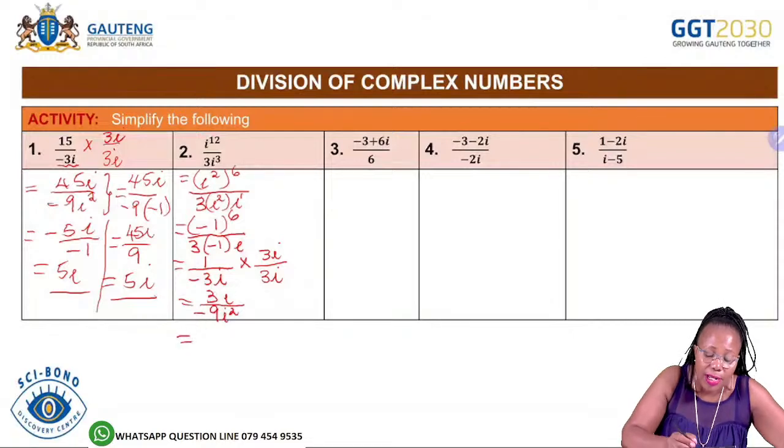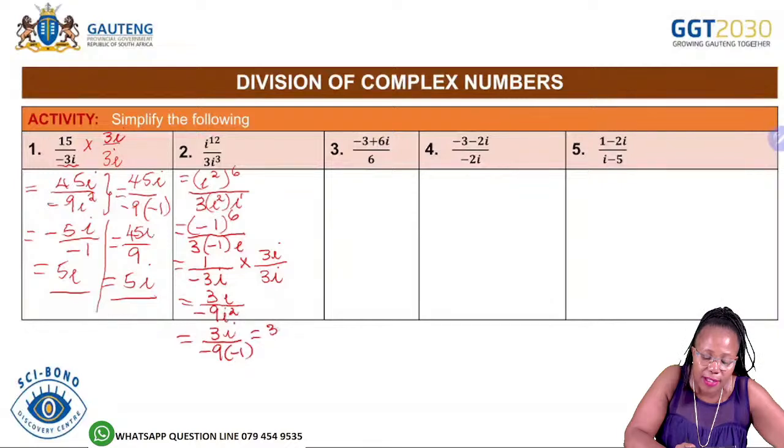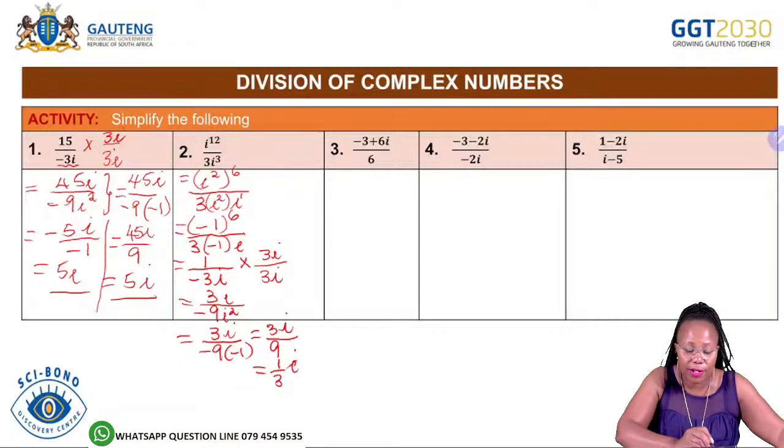Continue, that is 3i over minus 9 times negative 1 for i squared, that is a positive 9. So the simplified fraction is 1 over 3i, or i over 3, is the same answer.